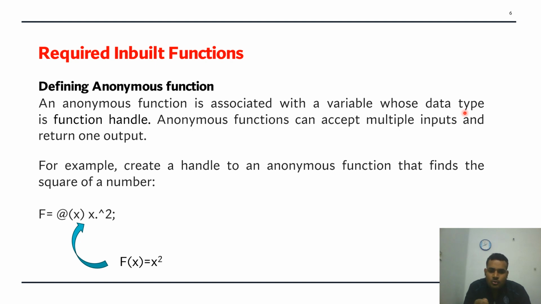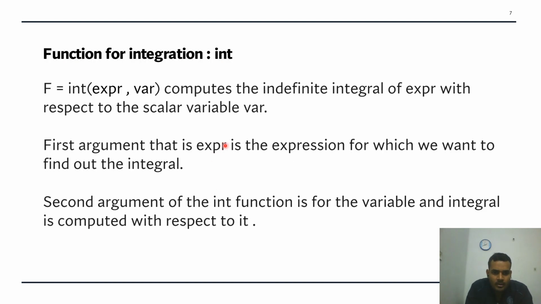For example, to create an anonymous function that finds the square of a number, f(x) = x squared, in MATLAB we write f = @(x) x.^2, where @x represents that x is a variable in the function f(x). Then the function for integration, that is int.